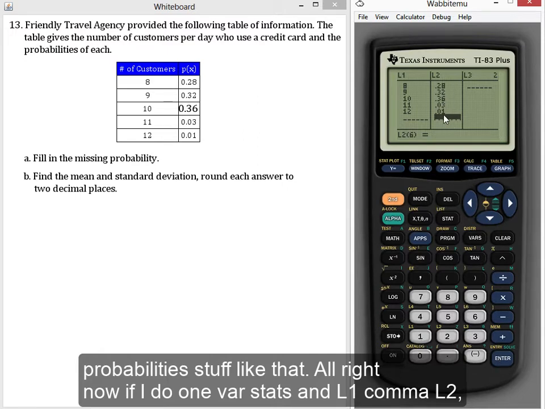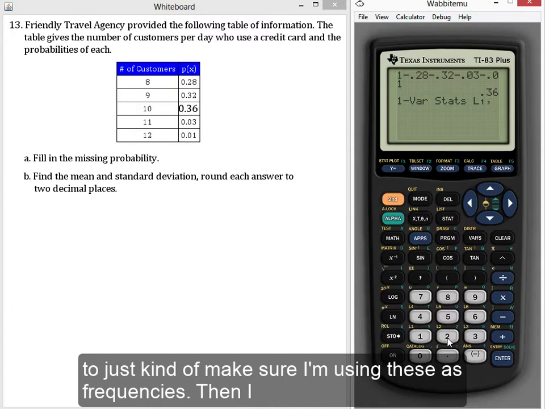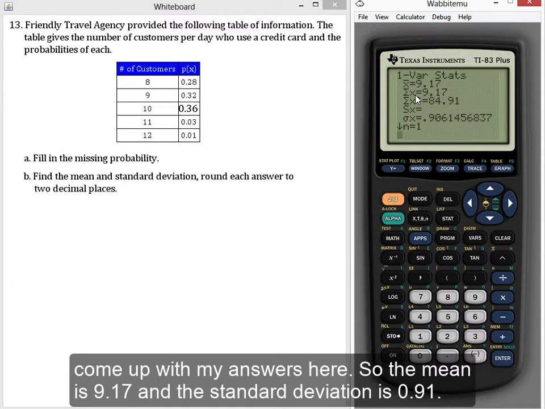All right, now if I do 1-Var Stats and L1 comma L2, just to make sure I'm using these as frequencies, then I come up with my answers here.